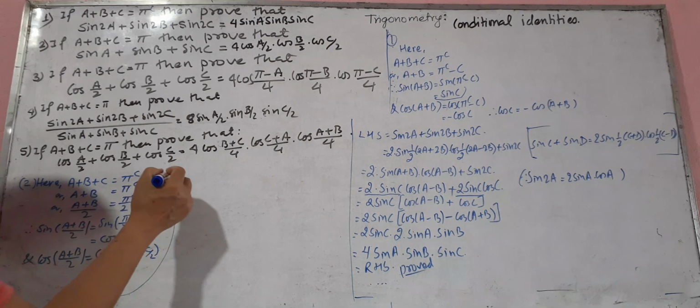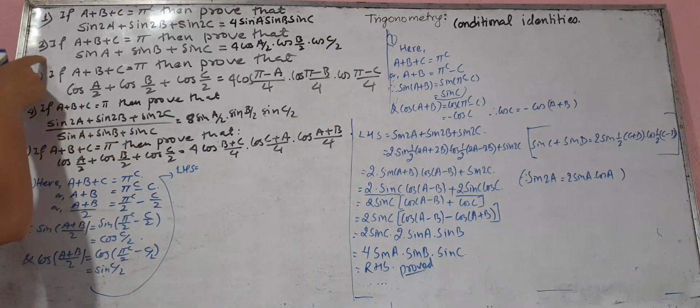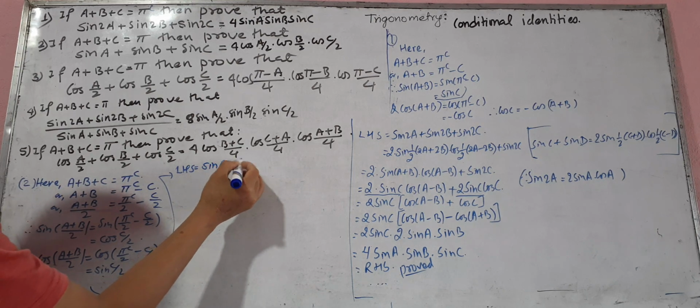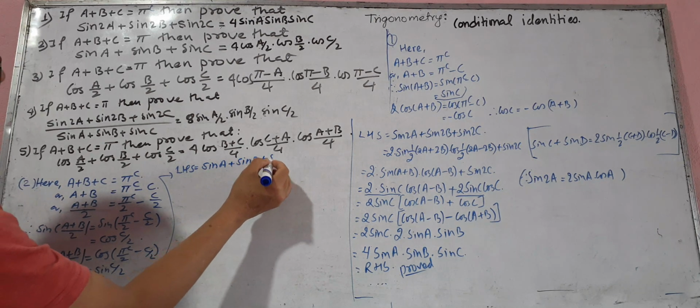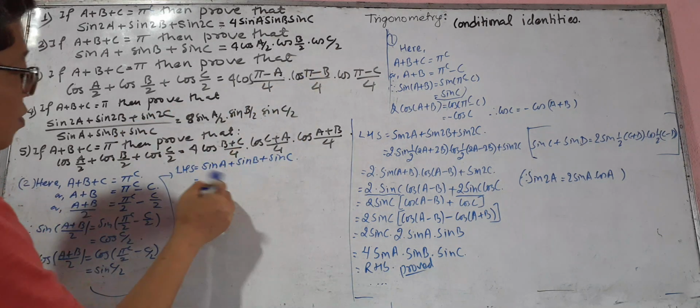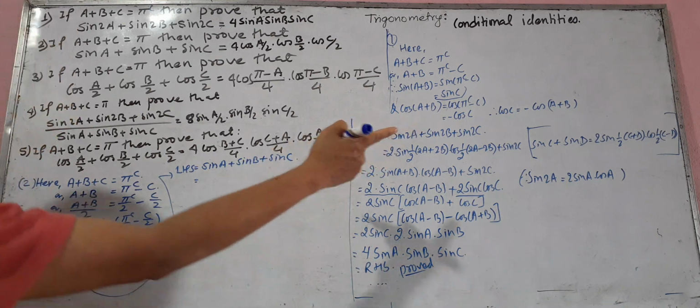Now we start the left hand side of this question number 2. Okay, what is in the left hand side? Sine A, sine B and sine C. And same as in question number 1, we use the formula of sine C plus sine D. Same formula, okay?